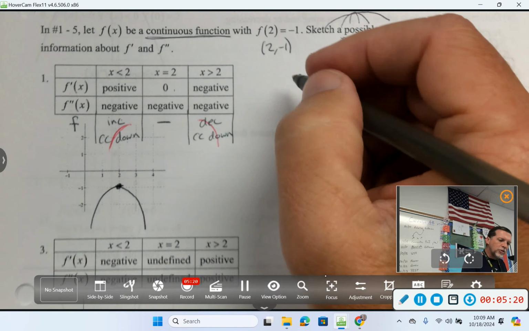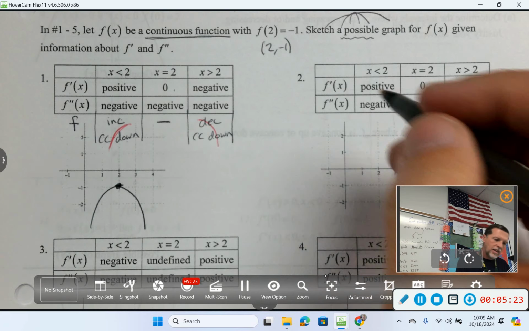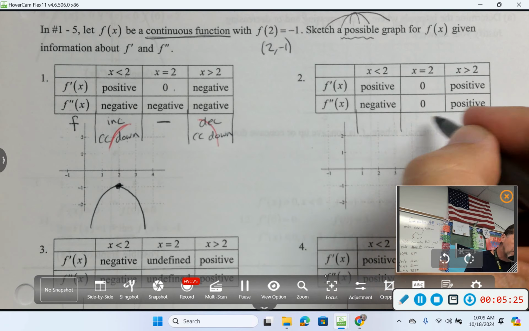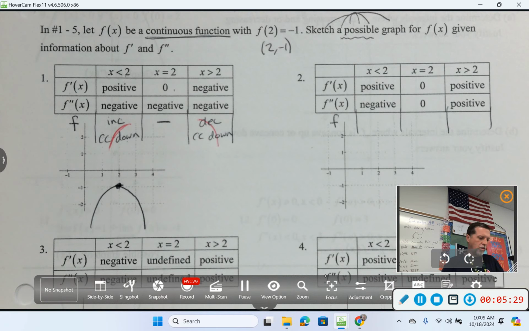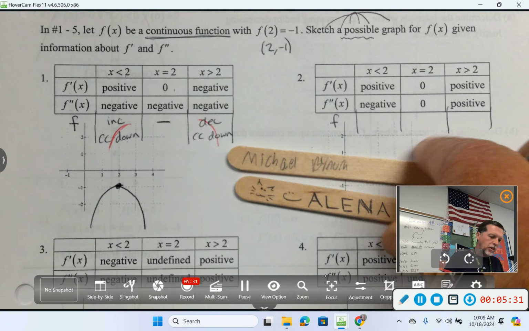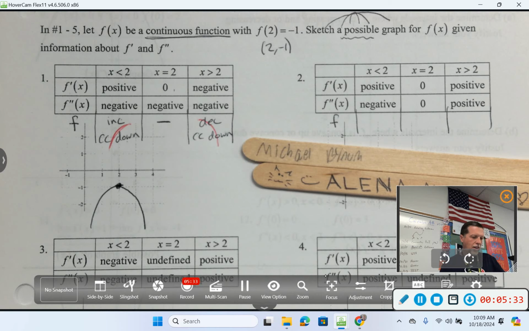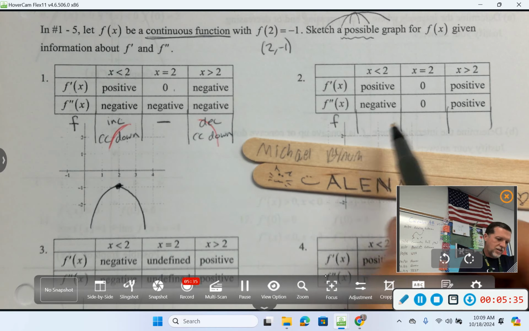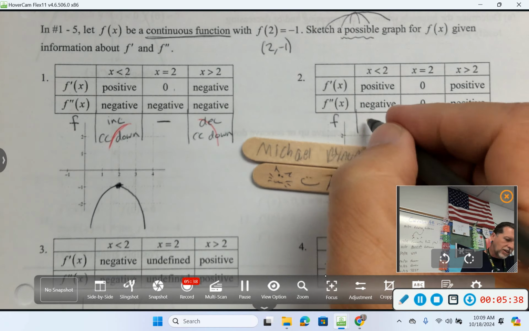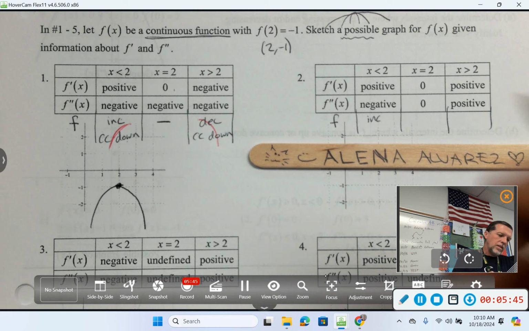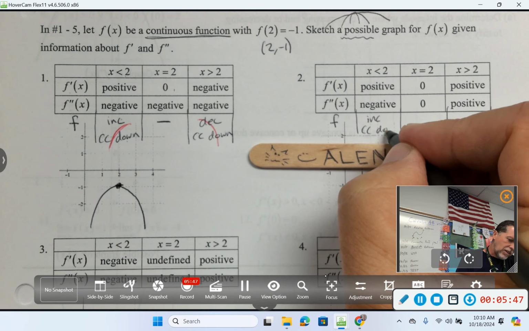All right, why don't you try number 2? You know what? Let's get you set up first, and then we'll let you try number 2. So, Michael, if f prime is positive, then what does that tell me about f? It's increasing. So f is increasing. Alina, if f double prime is negative, that means f is concave down.